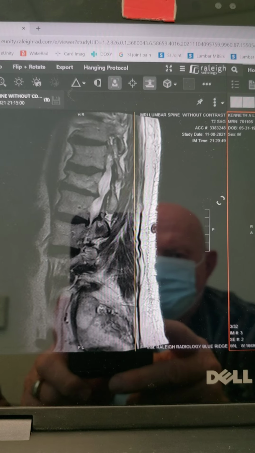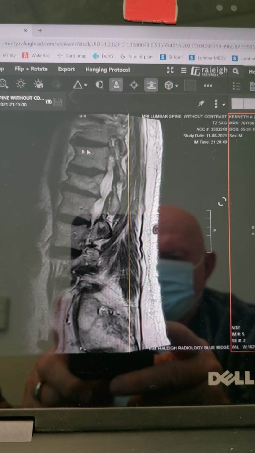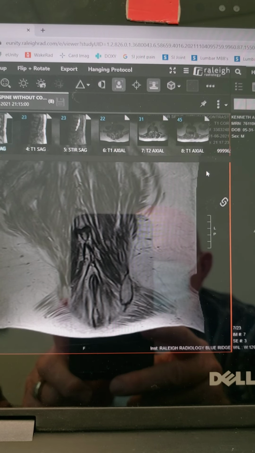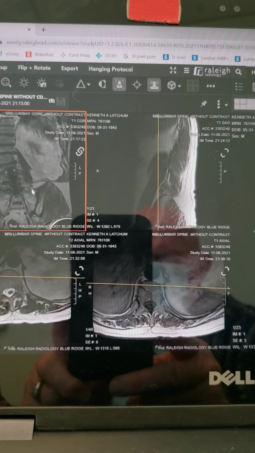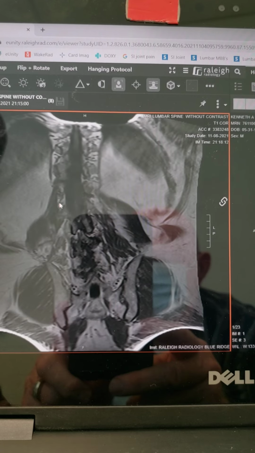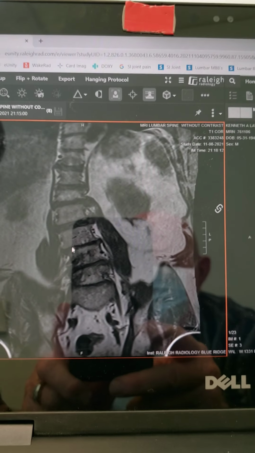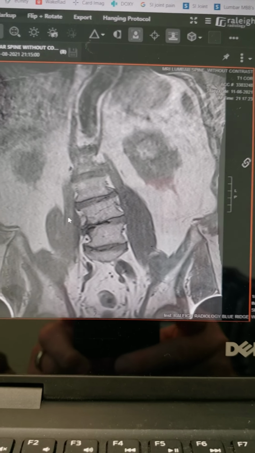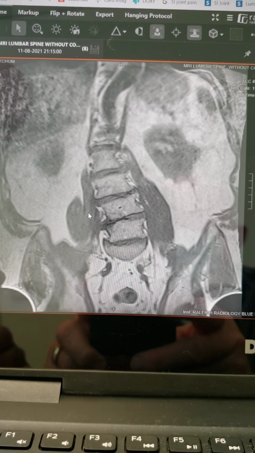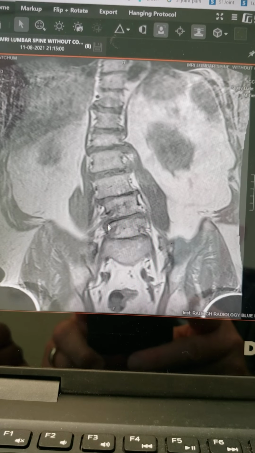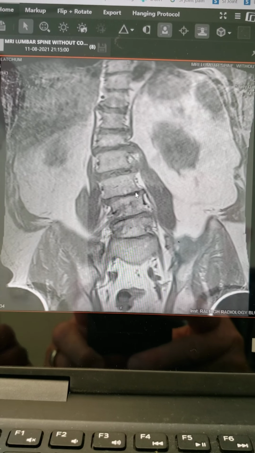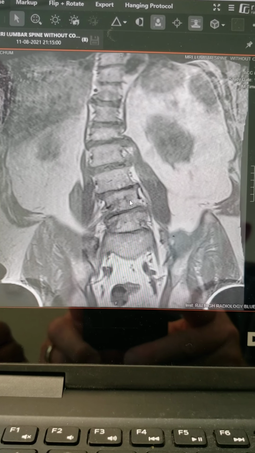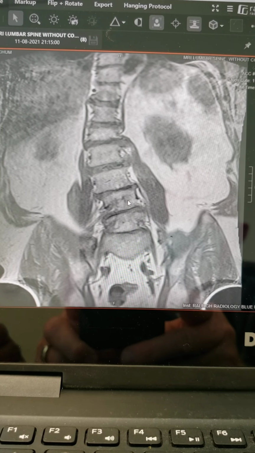Let me see if I can bring it right here for you. Okay, see the curvature? Yeah, the curvature of my spine right there. And the bones that have shifted, he's got a bunch of what we call grade 1 retrolisthesis, meaning that the bones have shifted out of place.